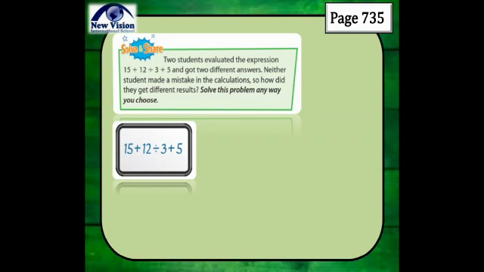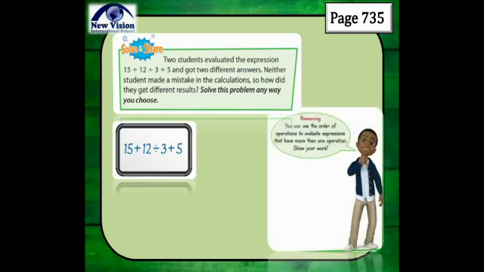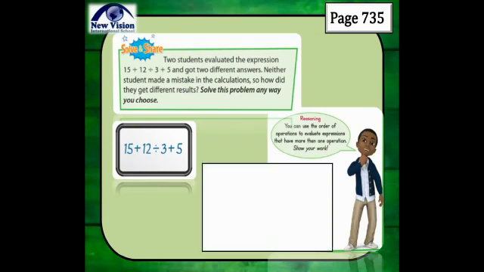So let us evaluate this expression: 15 plus 12 divided by 3 plus 5. You can use the order of operations to evaluate expressions that have more than one operation. Show your work. Alright, so following the order of operations, PEMDAS, 15 plus 12 divided by 3 plus 5, let us do division first.